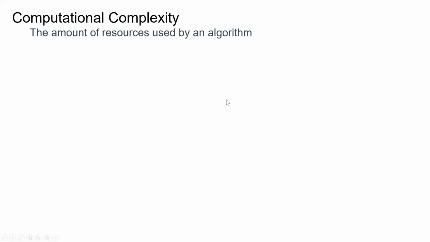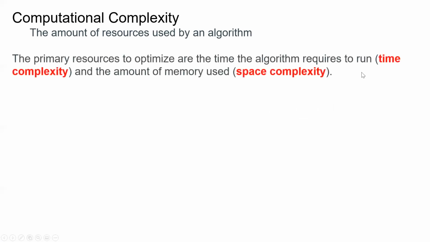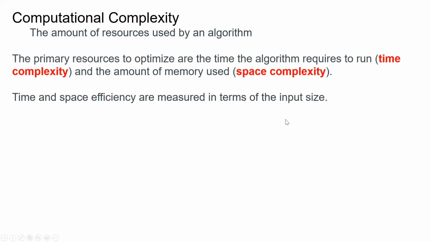Computational complexity is the amount of resources used by an algorithm. An algorithm uses time, and it also can use space, memory. Usually we measure the efficiency of an algorithm in terms of the input size. What I mean by that is, let's say we have an algorithm that's sorting a list of numbers.